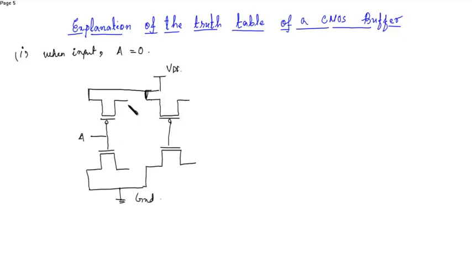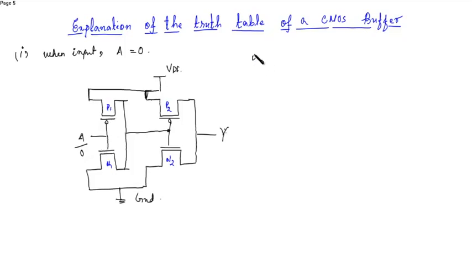This was ground. The output, which was the input to the second, this is the final output Y. So when A is equal to 0, we have to give names to the PMOS and NMOS: P1, P2, N1 and N2.